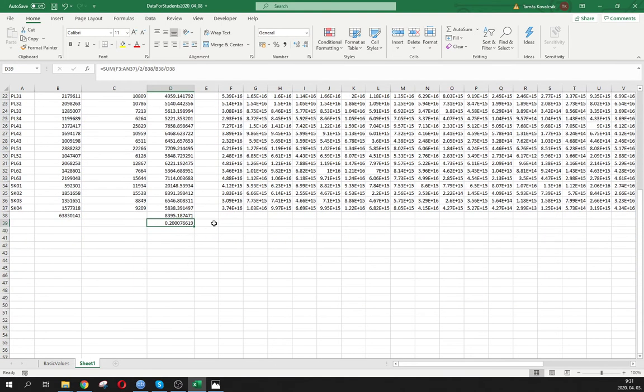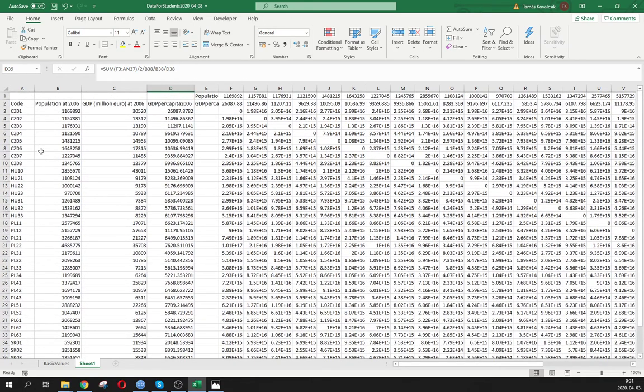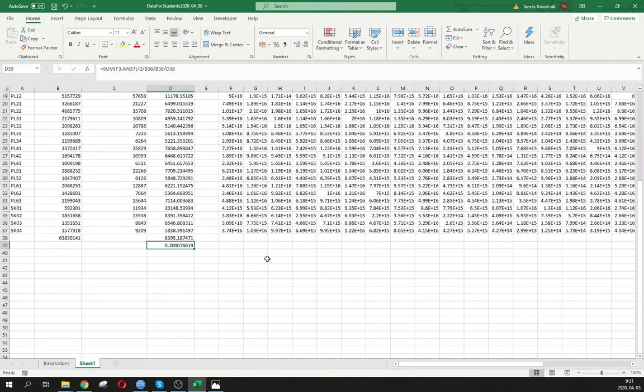And we have the weighted GINI index for the GDP per capita in the V4 countries: Czechia, Hungary, Poland and Slovakia. And this is the way to calculate the weighted GINI index.